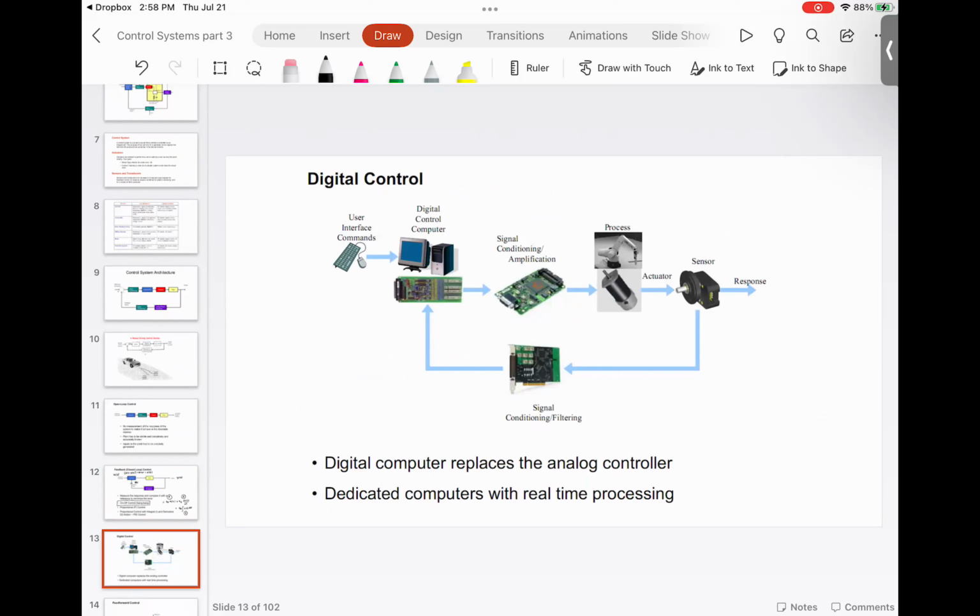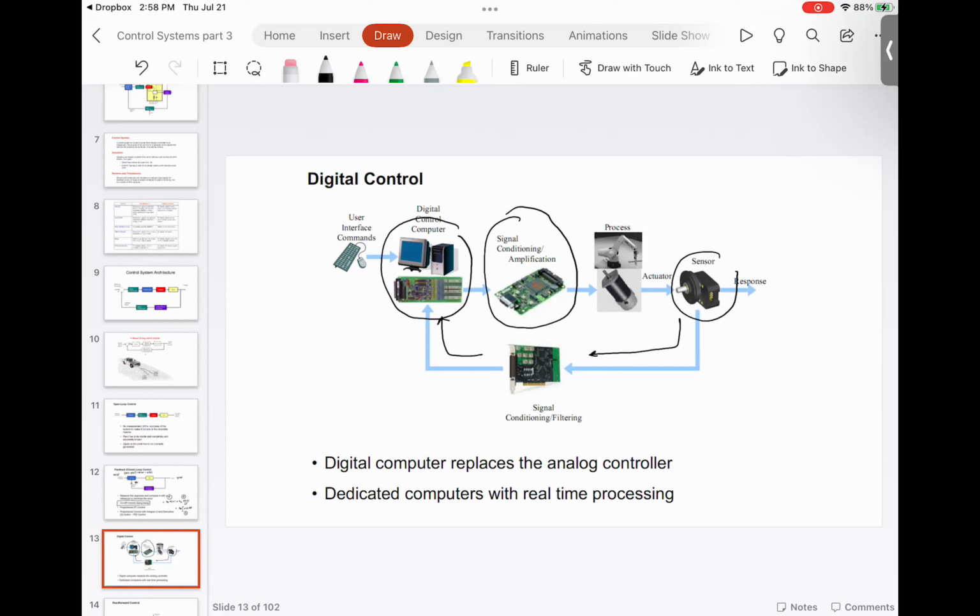Unfortunately, analog controls are nowadays not used. So most of the time we use something called digital controls. In digital control, you have the signal conditioning and amplification block, a computer where the code is running, and then the sensors and actuators, and you sample the response from them.